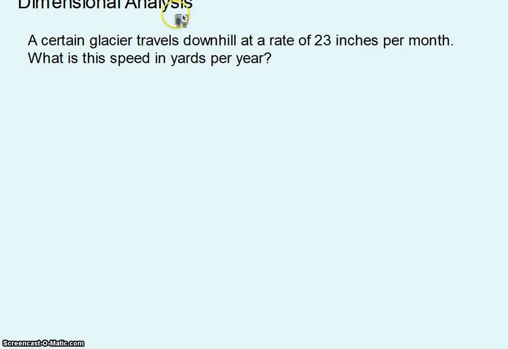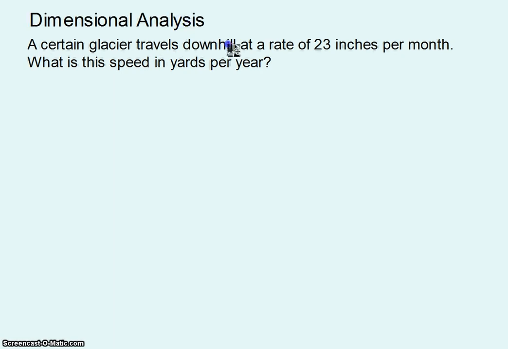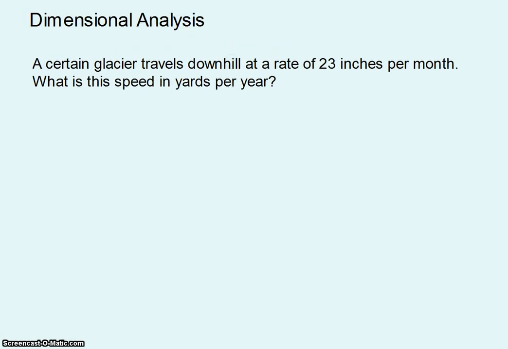The way this works is really to set things up and then start converting things, and we're going to convert things using conversion factors. The first thing I'm going to do is write the information I was given, 23 inches per month, as a fraction: 23 inches per 1 month.